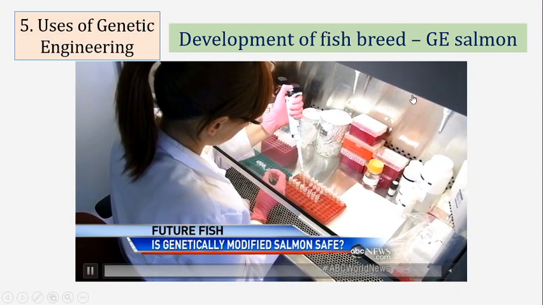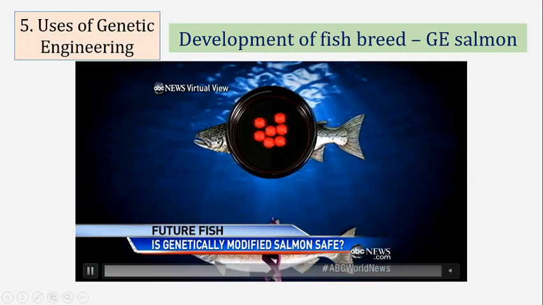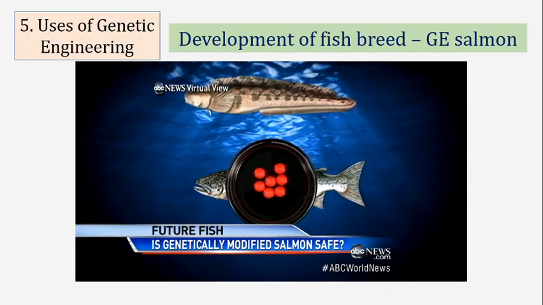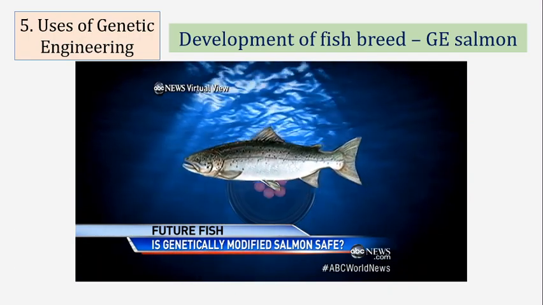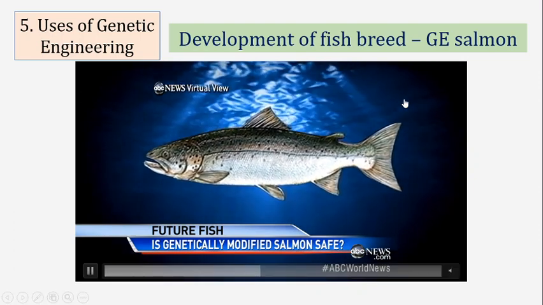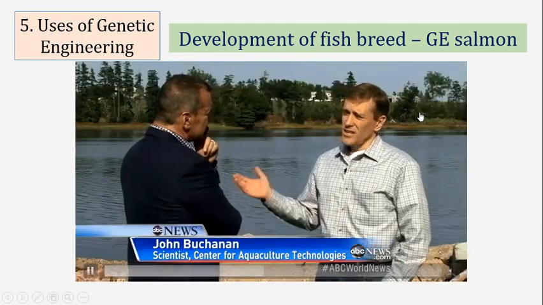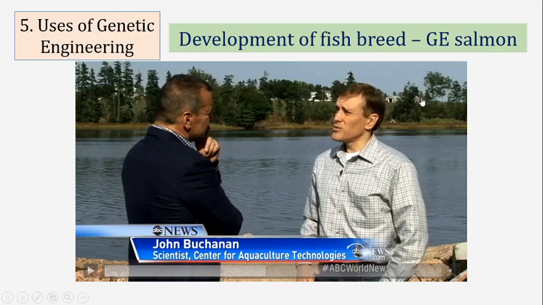That is done by genetic engineering, by incorporating growth hormone genes from two other different fishes, so that the salmon became genetically engineered. That's how genetic engineering has been used to increase the growth rate of fishes like salmon or nilotica or tilapia.